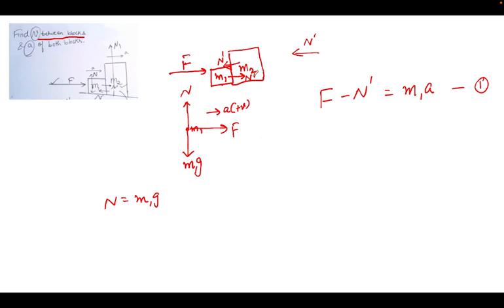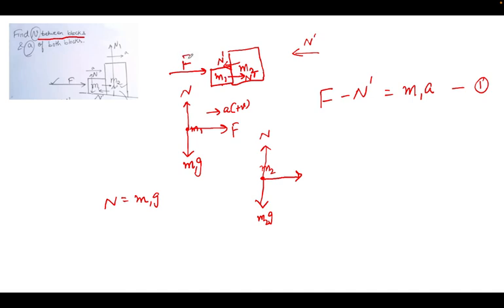Now for mass m2 we will draw the free body diagram. This is our m2. Its weight is m2g. Normal reaction is again upward. Now this body is moving because of the m1 push.